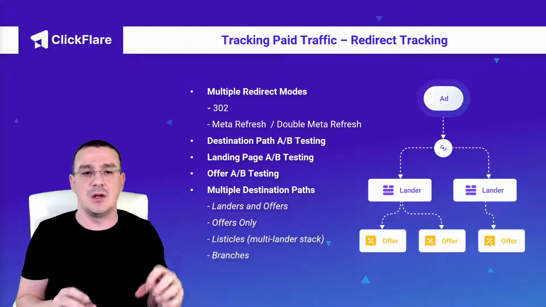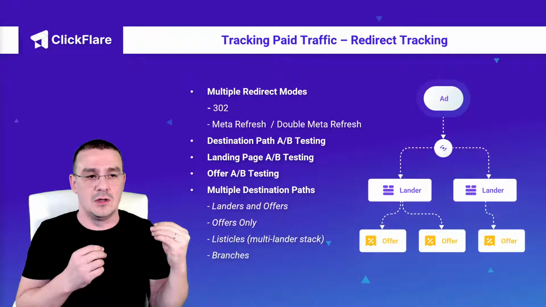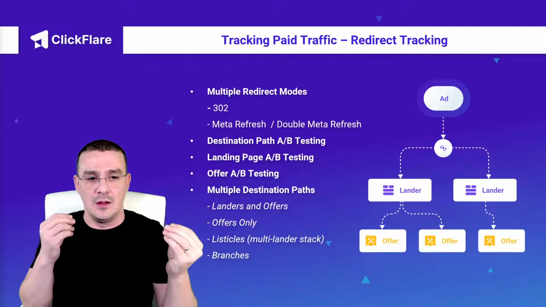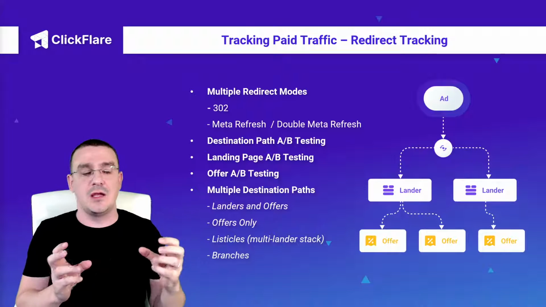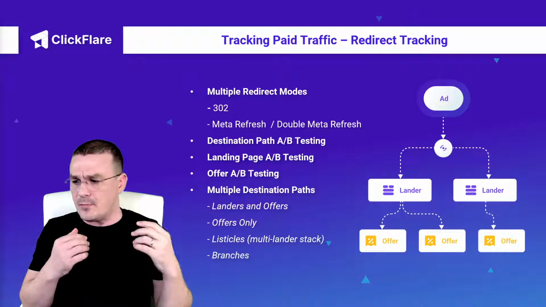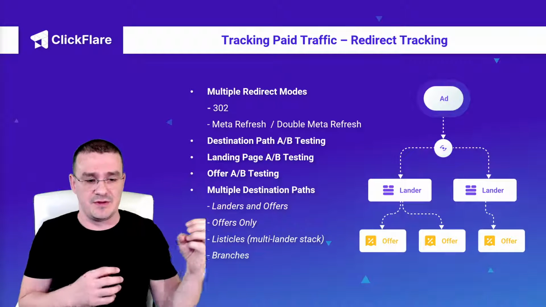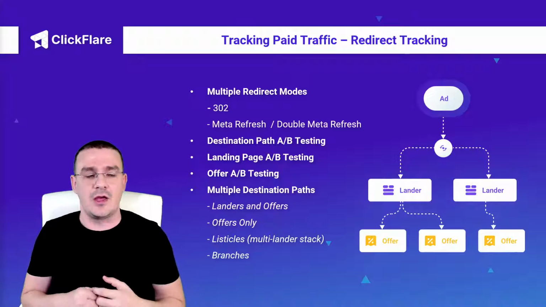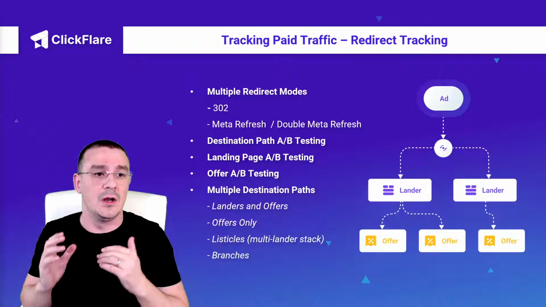In this case, thanks to the redirect node between the ad and the landing page, we are able to easily rotate and A/B test, or even do conditional-based routing of the visitors to a specific page. Like you may say, okay, I want an optimized page for Android and another optimized page for iOS.